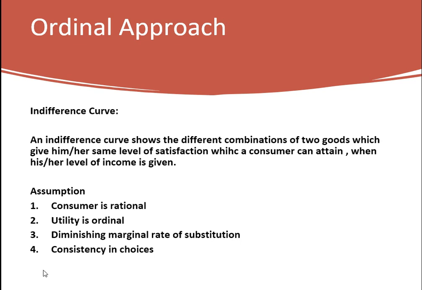And the fourth one is consistency in choices. Consistency in choices means that if you prefer bundle A to bundle B, then you must always say that bundle A is better than B, or better than C, or better than D. So your choice must be consistent.